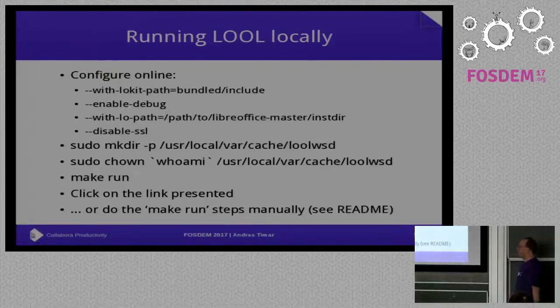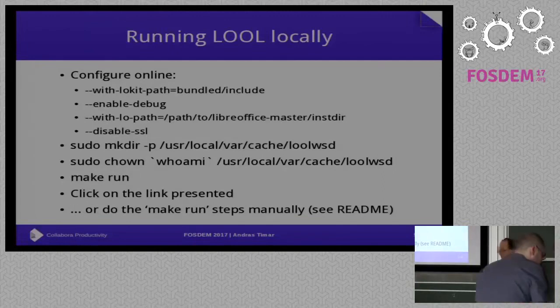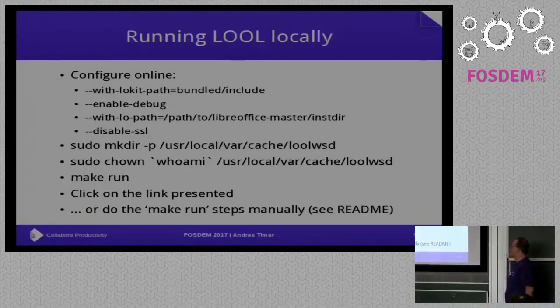So for the developers, maybe it's the easiest to run the thing locally. I collected the information for this on this slide. So when you configure the online component, you enable the debugging, and you give the local LibreOffice path to run against.